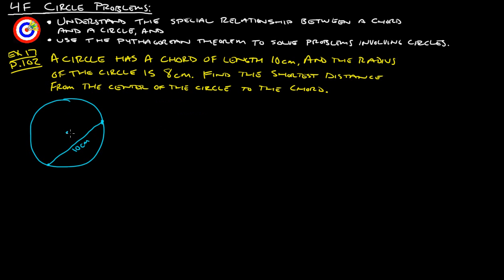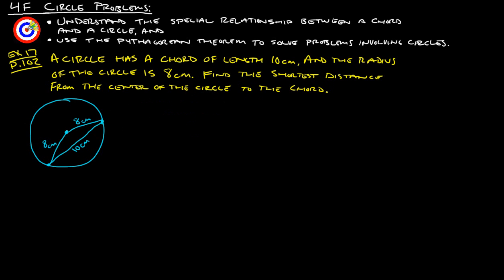Okay. Now what I'm going to do is draw my radius to the beginning and end of the chord there. So there's that, and there's that, and we know that both of those are 8 centimeters. Okay. Find the shortest distance from the center of the circle to the chord.